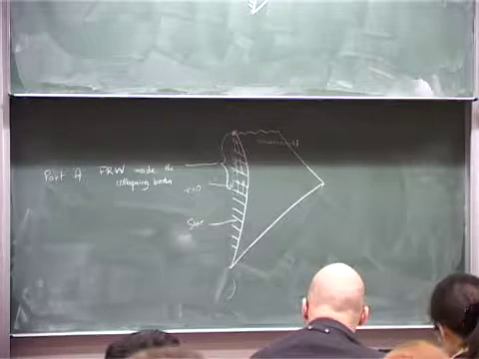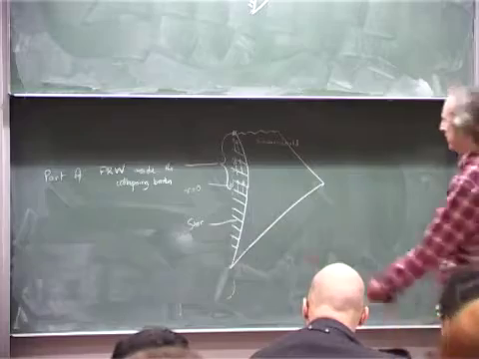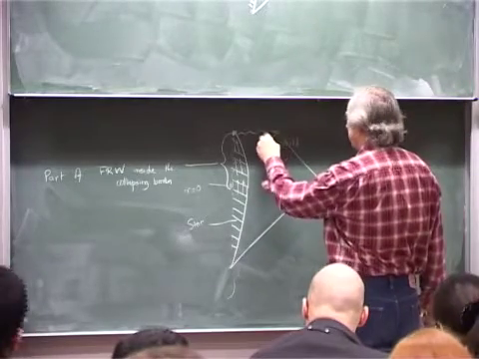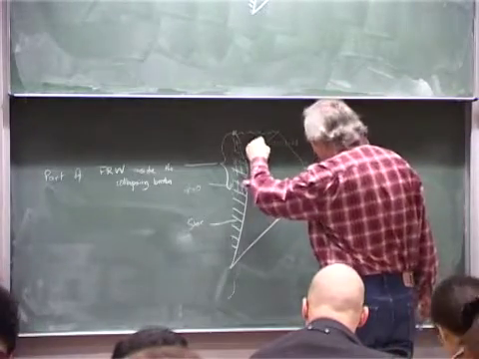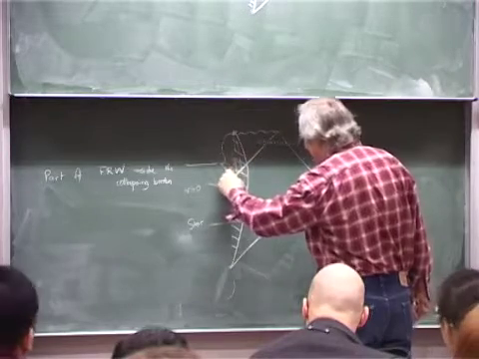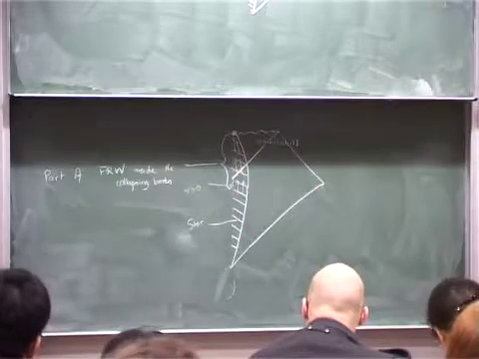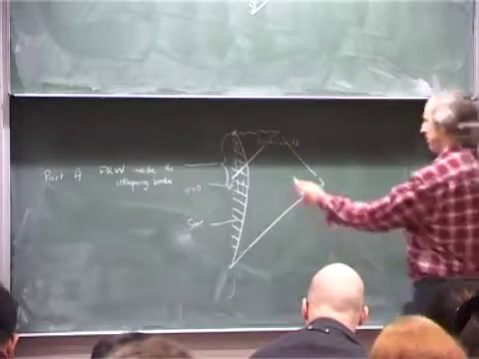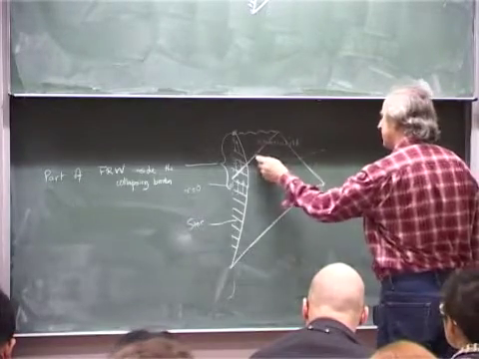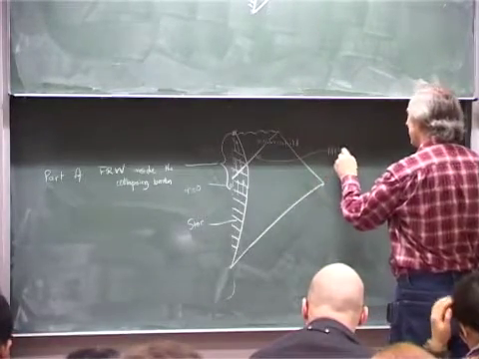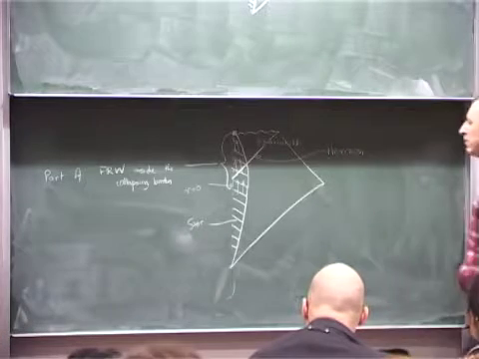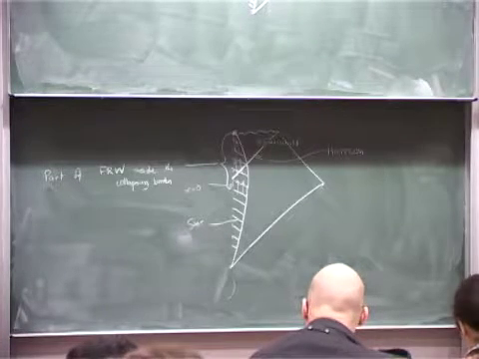Now you can see what the event horizon is. The event horizon is the boundary of the past light cone of Scri plus. So it's going to look something like that. That's the horizon. Horizon formation is not a violent process.